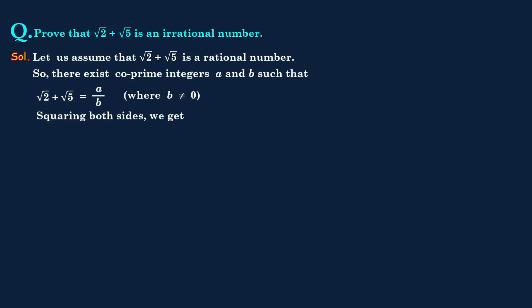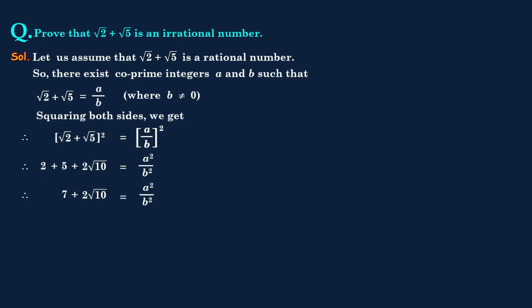Now, squaring both sides, we get root 2 plus root 5 whole square is equal to a square divided by b square. Using the identity a plus b whole square is equal to a square plus b square plus 2ab, we get 2 plus 5 plus 2 root 10 is equal to a square divided by b square. Simplifying this, 7 plus 2 root 10 is equal to a square divided by b square.